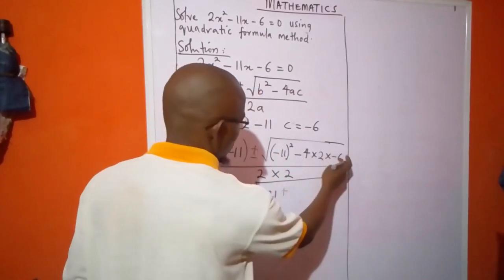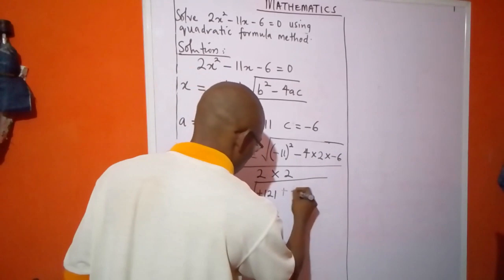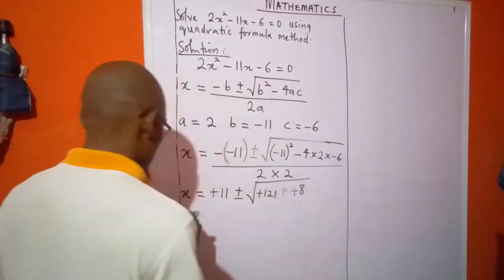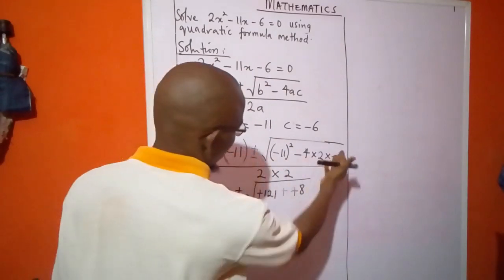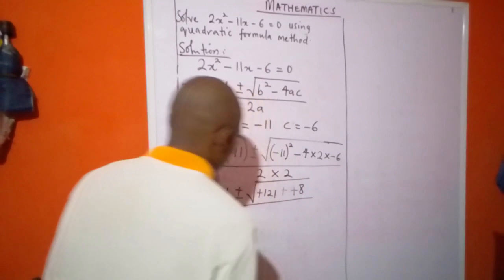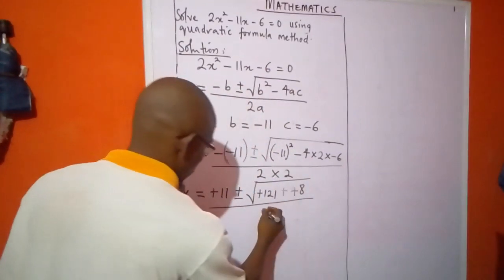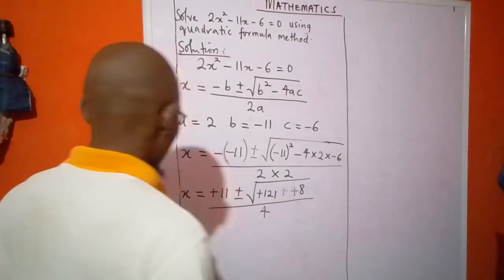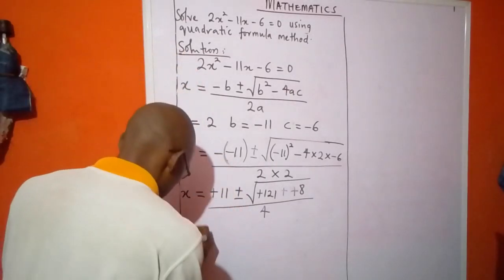Then 4 times 2 times 6, that will be giving us 48. Okay, all right. So for the upper part, we are through with it. Then division line, then 2 times 2, that will be giving us 4.